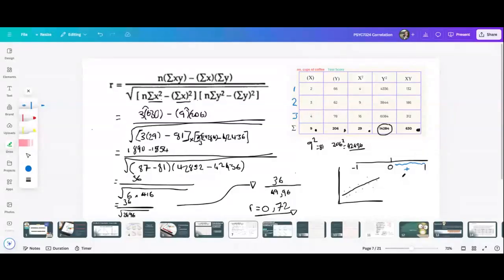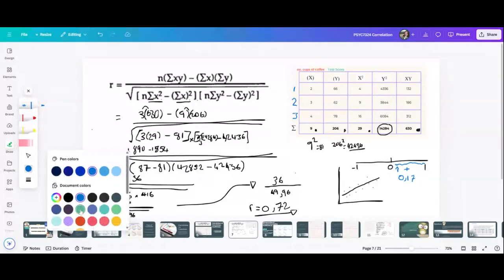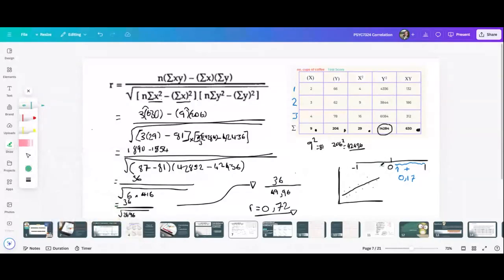So yeah, it could be the 0.72, but even if this was 0.17, that's still a positive relationship, but that would be a weak relationship, right? Because that number is close to 0. Conversely, if the number falls anywhere on the left of the 0, for example, if it was -0.17, then that would be a negative relationship.